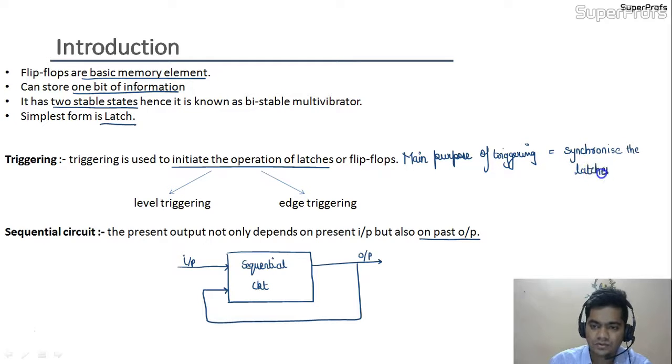There are two types of triggering available: first is level triggering and second is edge triggering.